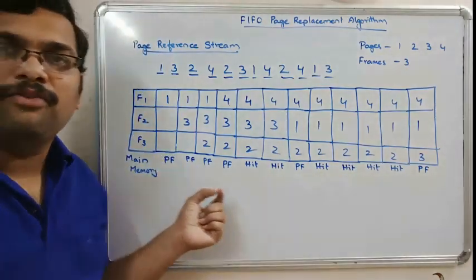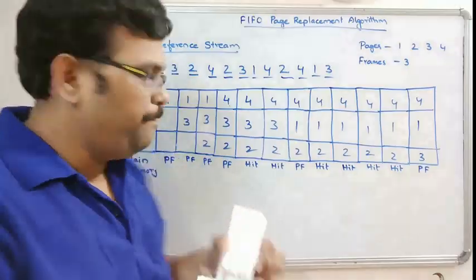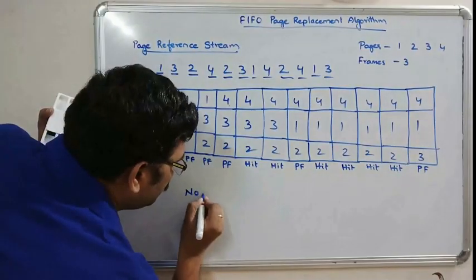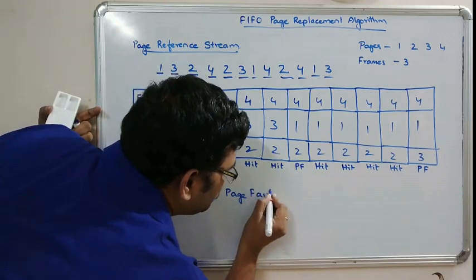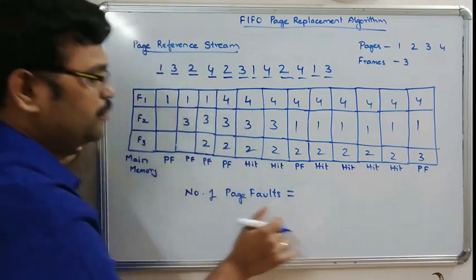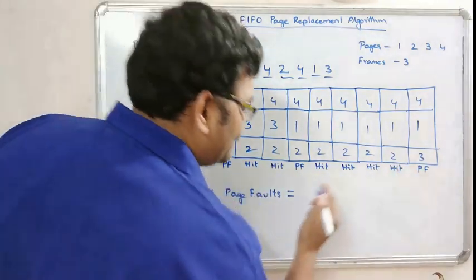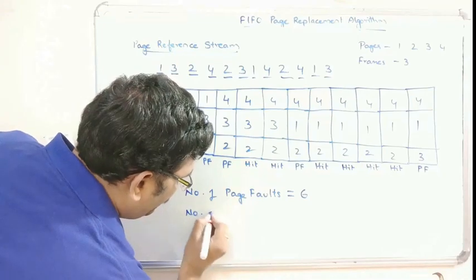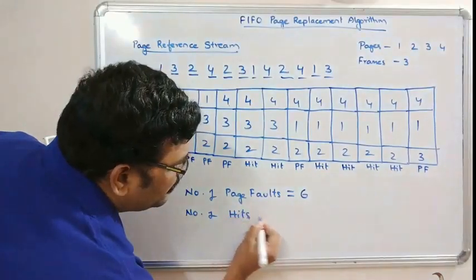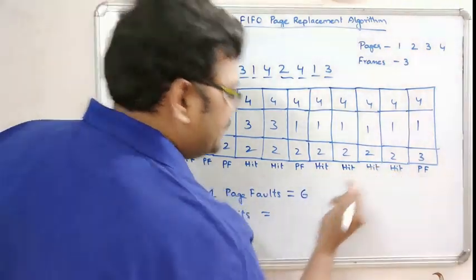In this process we have to find out the number of page faults, the number of hits and the hit ratio. So now we can see, the number of page faults is 1, 2, 3, 4, 5, 6. 6 page faults. And the number of hits is 1, 2, 3, 4, 5 and 6.